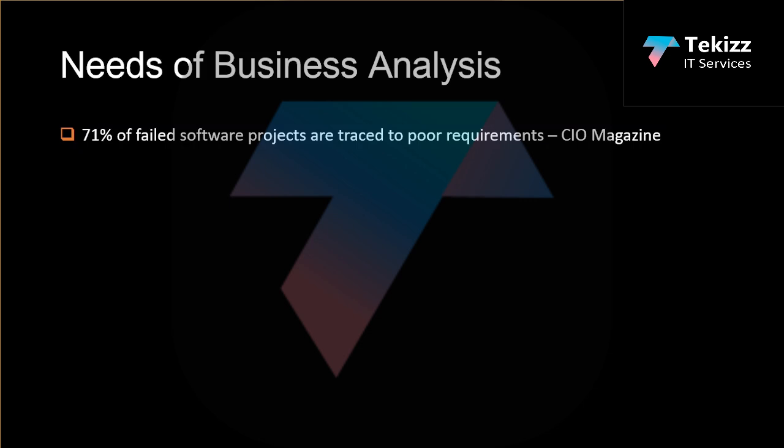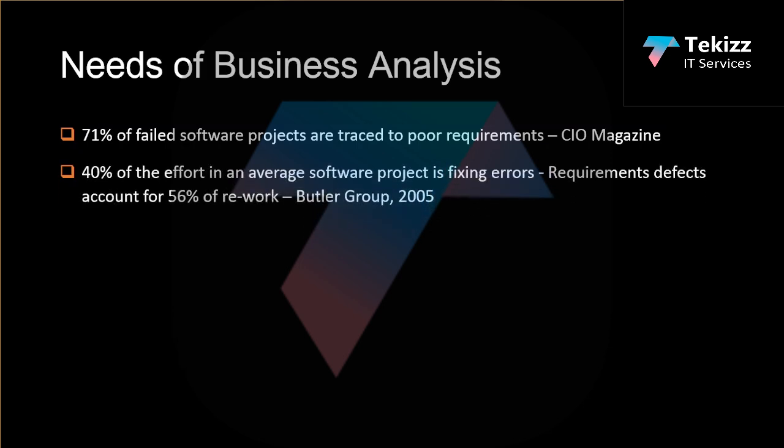So, they have observed that out of 100%, 71% of the software projects fail because of poor requirement gathering. And 50% of the effort in an average software project is fixing the errors. It could be requirements defects, and it is accountable for 56% of the rework. This has been observed by the Butler Group in 2005.